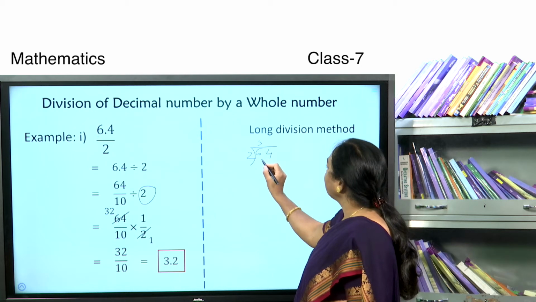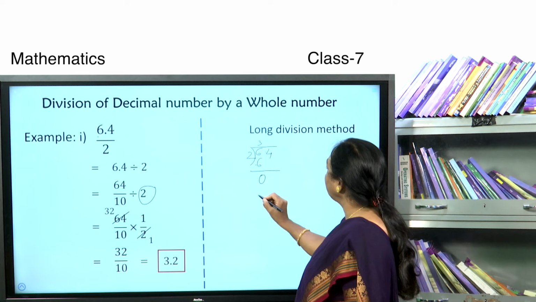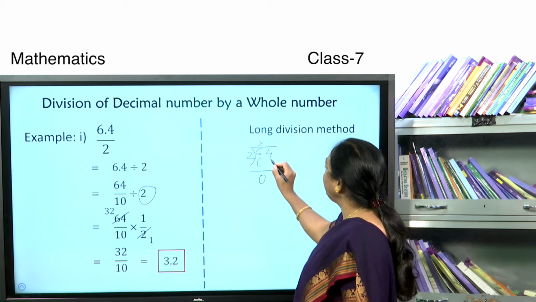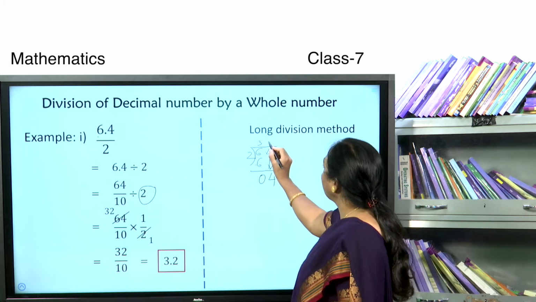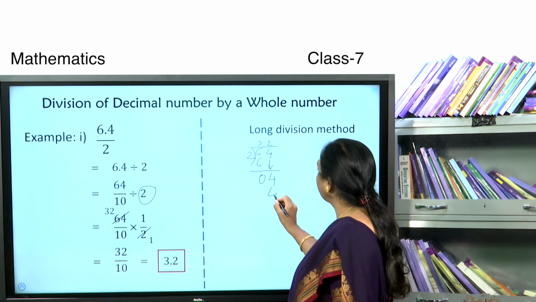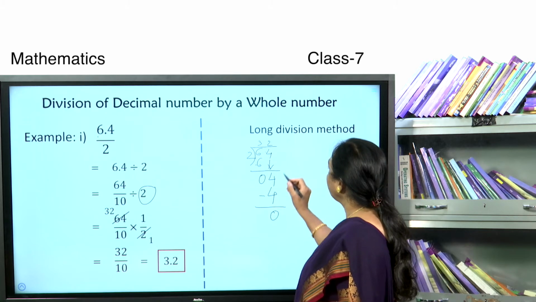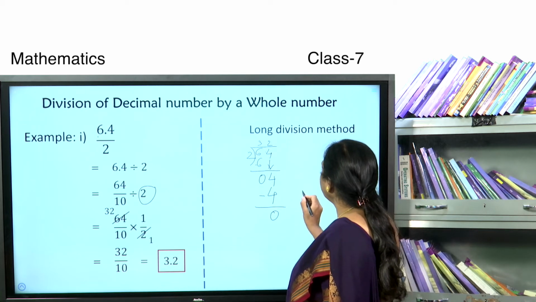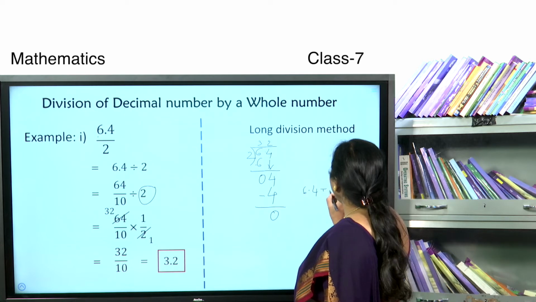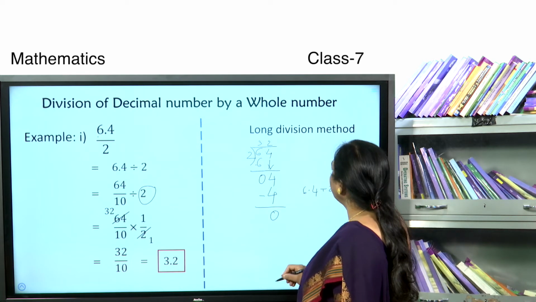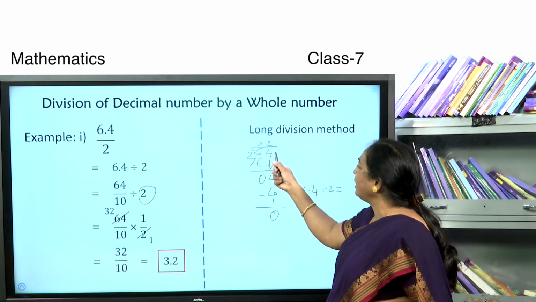We will divide 6.4 by 2 using the long division method. 2 3s are 6, 6 minus 6 is 0. Ignoring the decimal point, bring down 4. 2 2s are 4, 4 minus 4 is 0. We get 6.4 divided by 2 is equal to... we should place the decimal point as in the dividend.